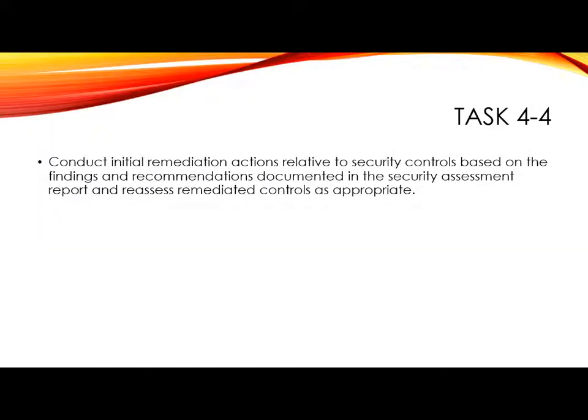And then 4.4, you're going to conduct initial remediation actions from that POA&M relative to the security controls based on those findings. So all this is saying is, can I try to get it fixed? Remember, if it's a Cat 1 failure, you have to fix it immediately. If that team leaves, your system is non-certified.